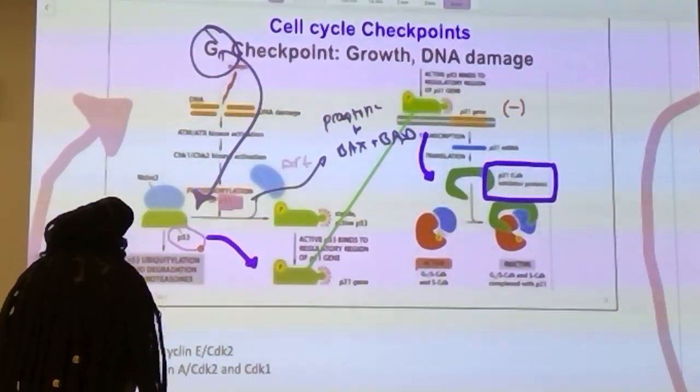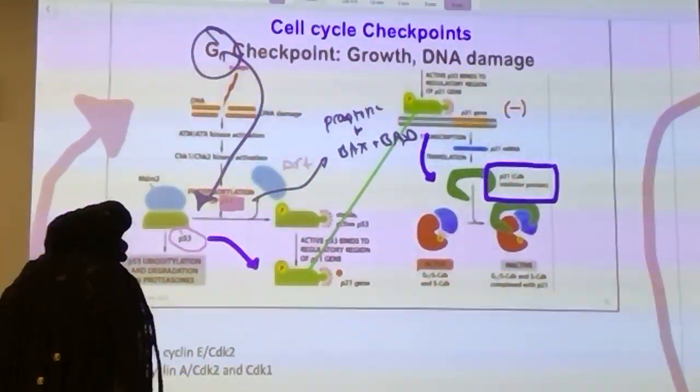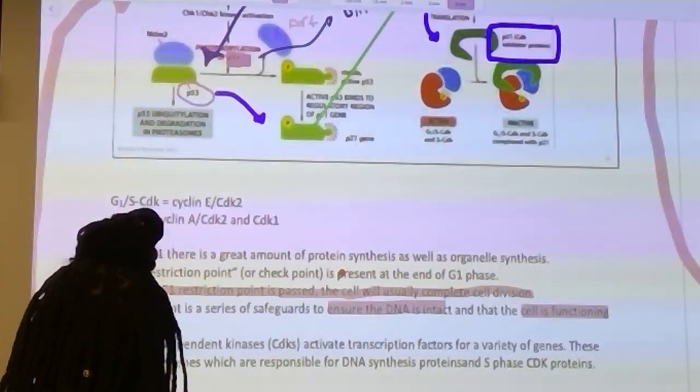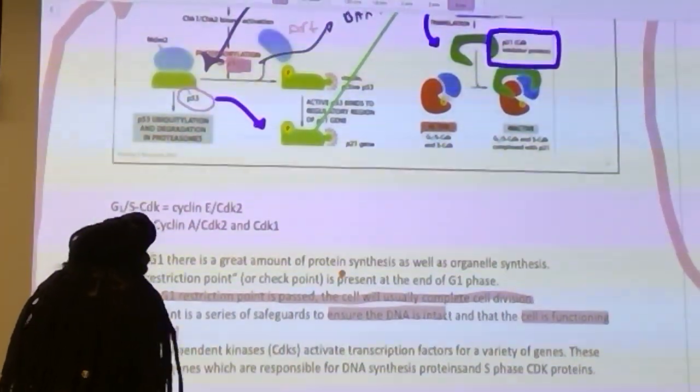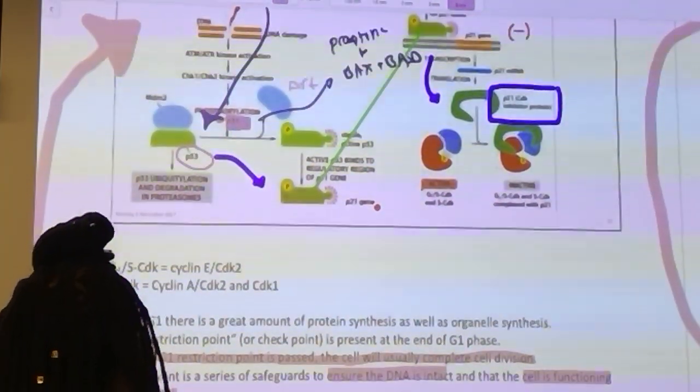The other thing is P16. Does that sound familiar to anyone? Just know that P53 can also cause apoptosis.